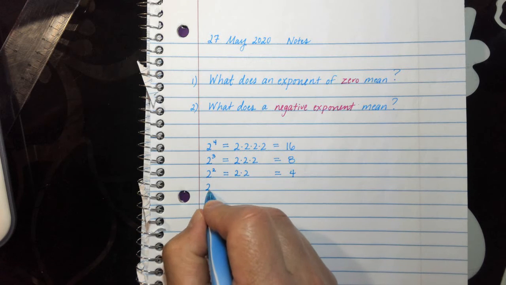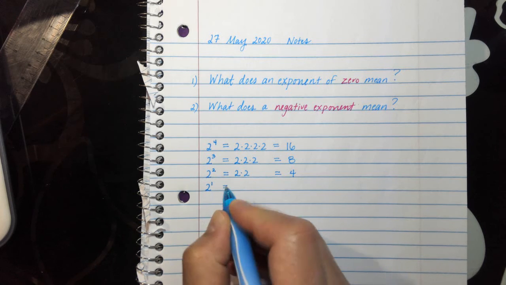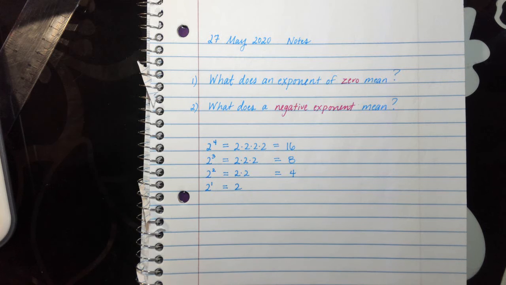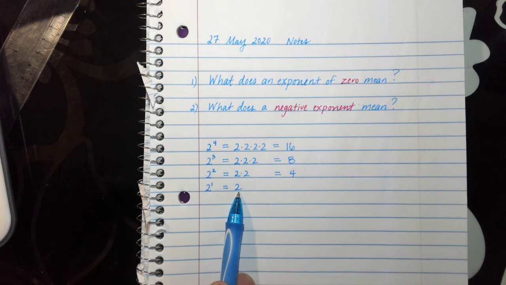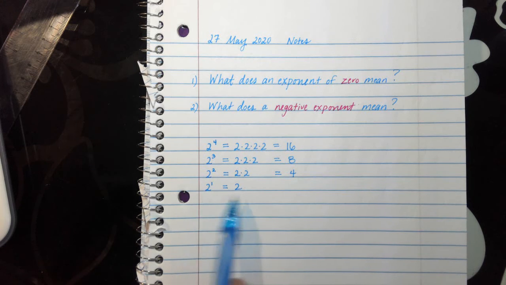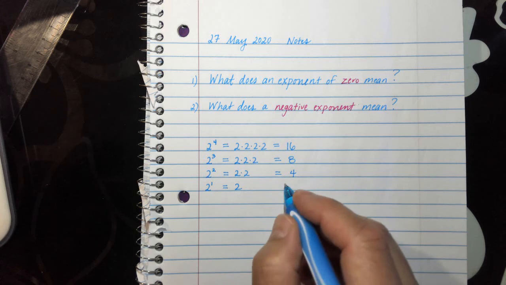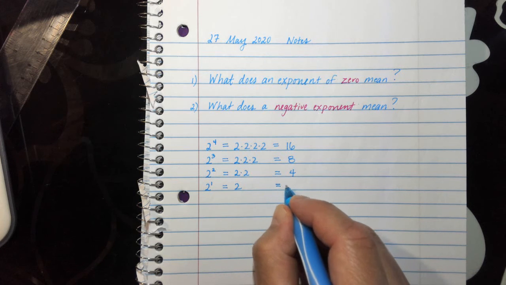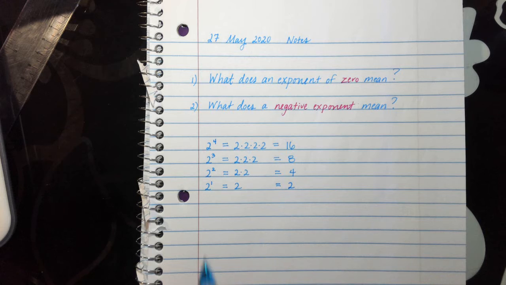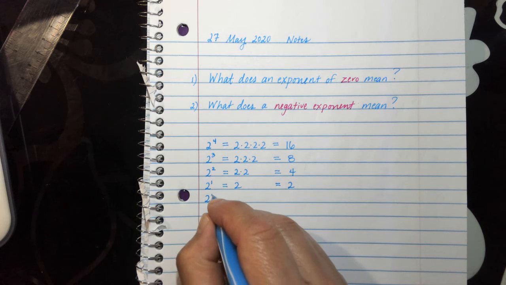Okay, and then 2 to the 1st equals just 2. Take a look at that. 2 is equal to 2 to the 1st. They mean the same thing, but we never write the 1 when the exponent is 1, by the way.